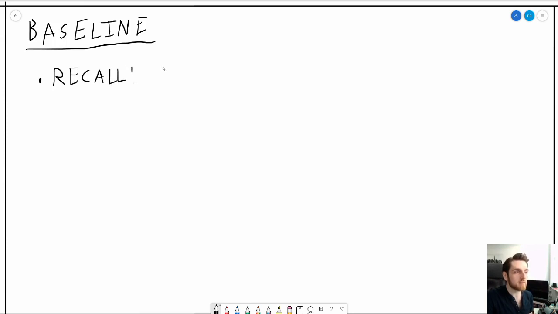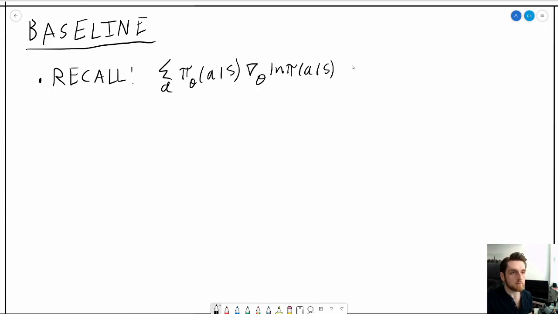So recall that the sum over the actions of the probability of each action multiplied by the gradient of the log of the probability of each action is just 0. And we can use this to basically just stick any function of the state in here, and it still sums over to 0. And using that, we can then insert some function of s into our gradient.